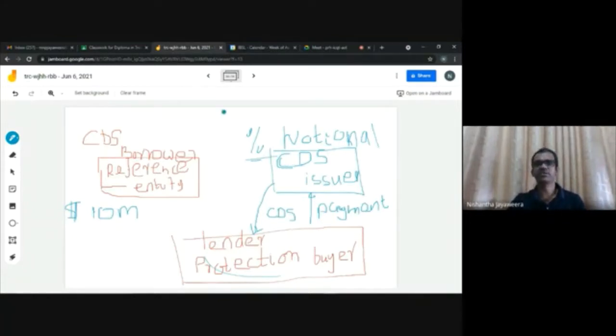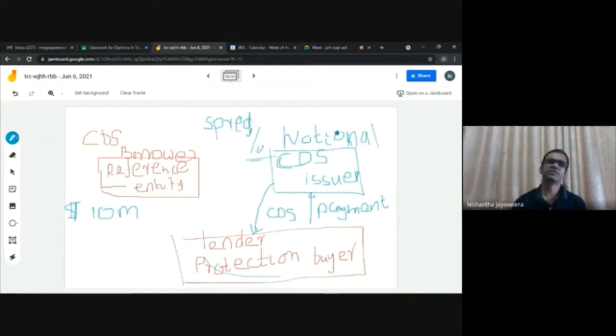That is what we call the CDS spread. So whenever the protection buyer buys the protection, the protection buyer has to pay the CDS spread to the CDS issuer.